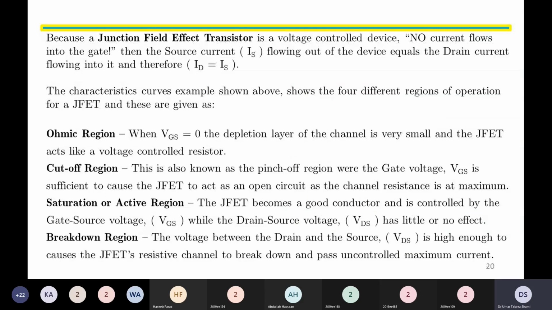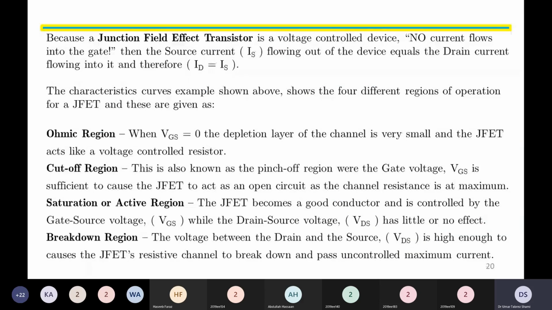Because the JFET is a voltage controlled device, no current flows into the gate. The source current IS flowing out of the device equals the drain current flowing into it. Therefore, ID is equal to IS.